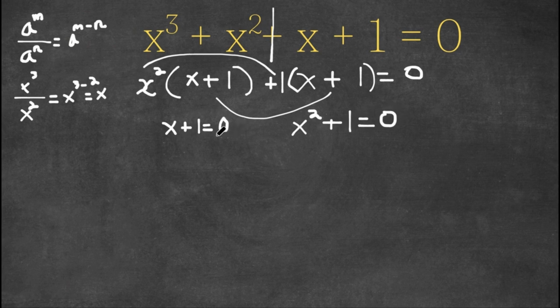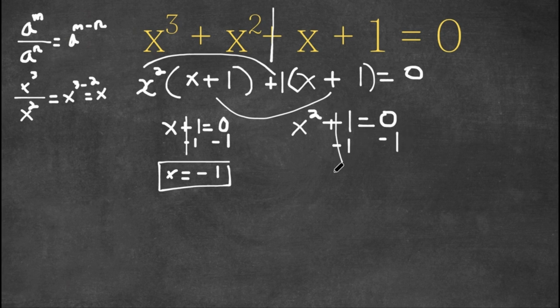So for x plus 1 equals 0, all we have to do is simply subtract 1 on both sides. This cancels out, and we get x equals -1. So this is one of our solutions. Now for x squared plus 1, we still subtract 1 on both sides. These two cancel out, and we get x squared equals -1.